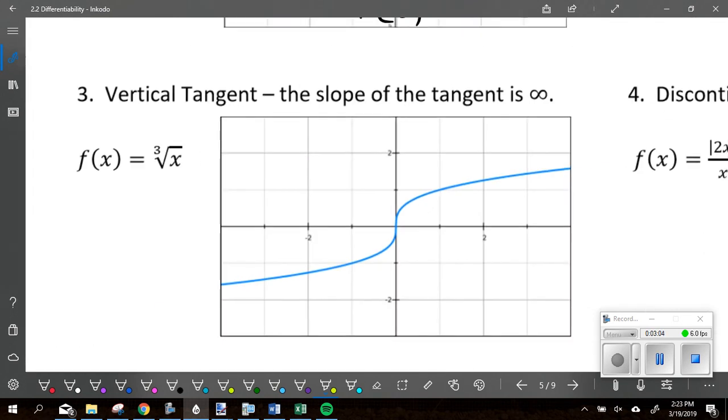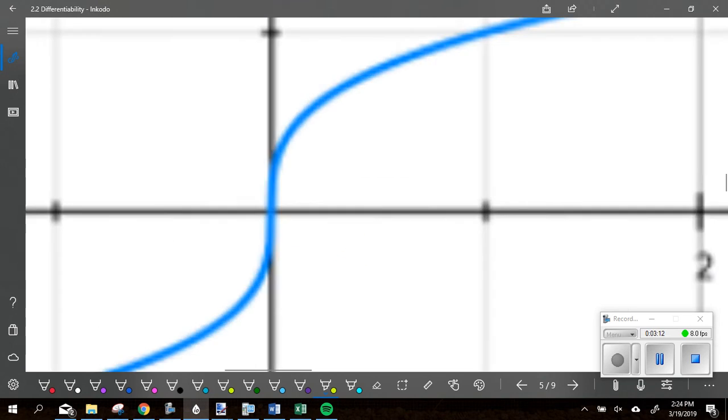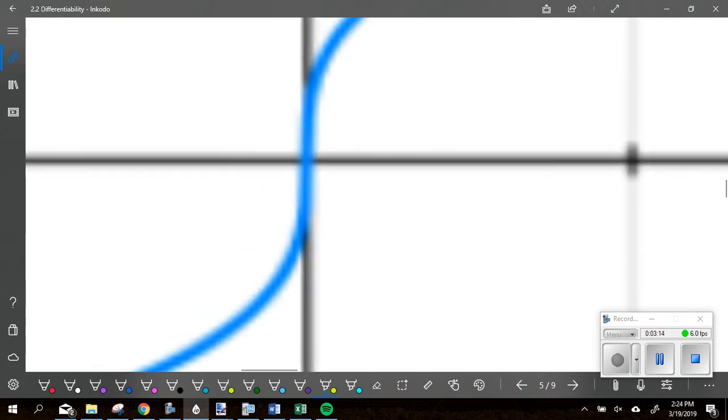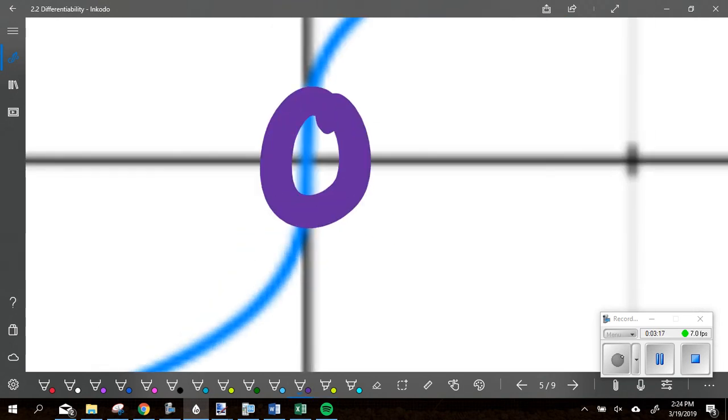Vertical tangents. A vertical tangent, that is where the slope of the tangent is infinity. For example, zoom in right here. At this spot right there, what would you say is true about the slope? It's vertical, correct? If something is a vertical line, what is the slope of a vertical line?